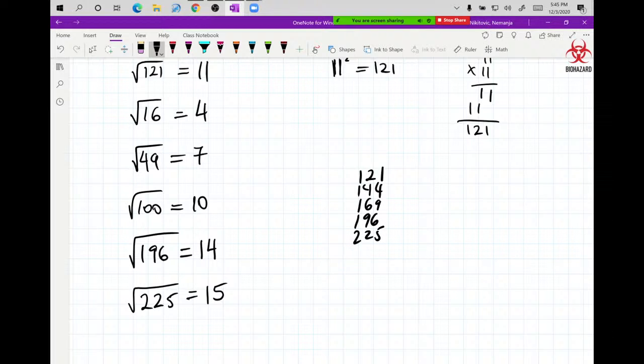So those are the numbers that are higher than 100 for square roots. So 10, 11, 12, 13, 14, and 15 squared, which are the square roots, would give you those numbers.